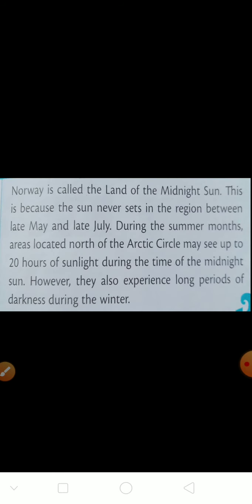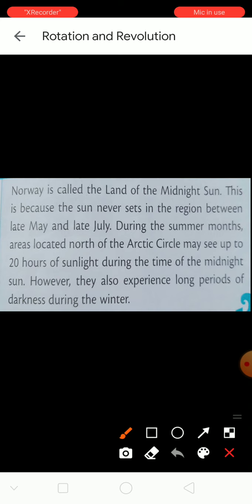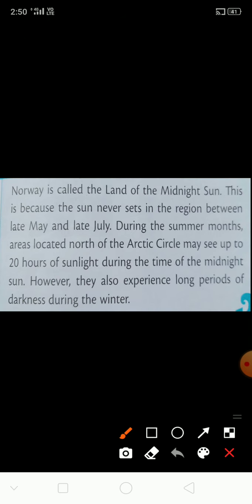See here, Norway is called the land of the midnight sun. This is because the sun never sets in this region between late May and late July.